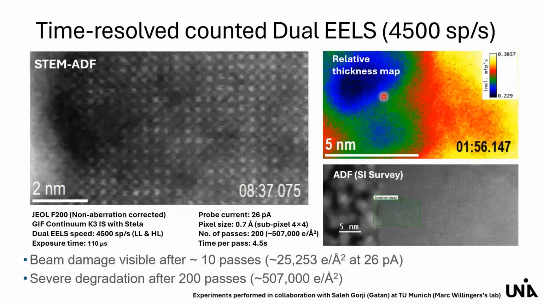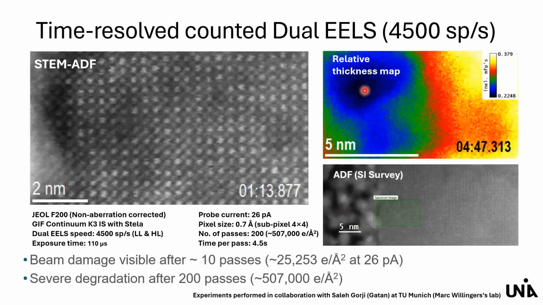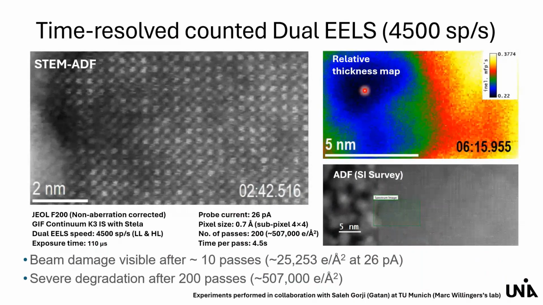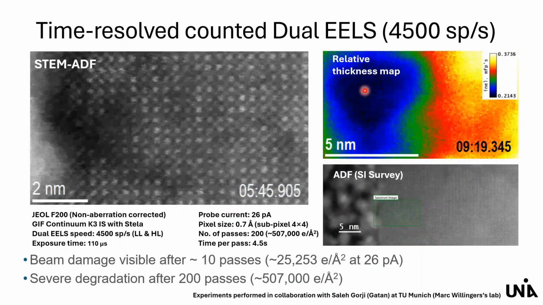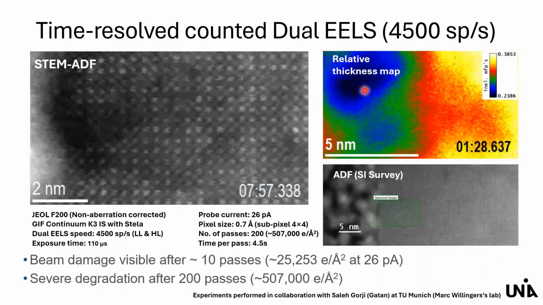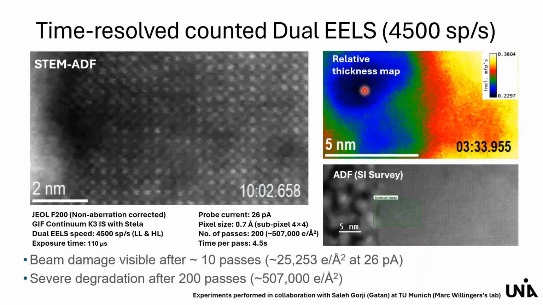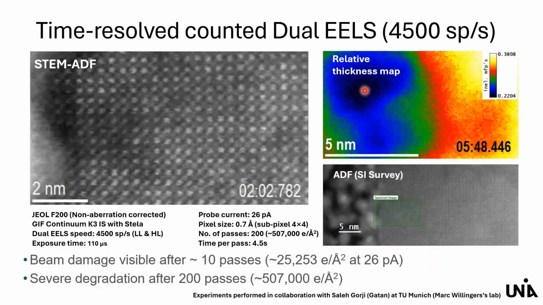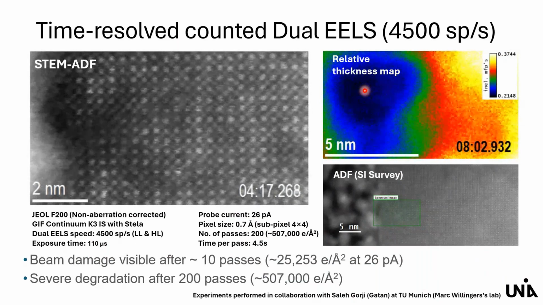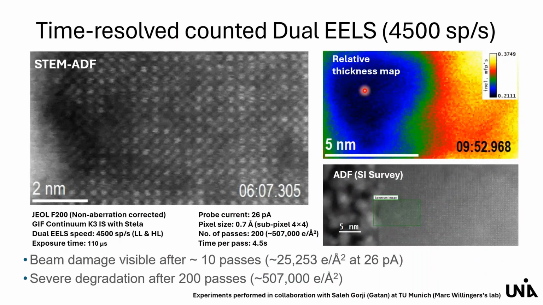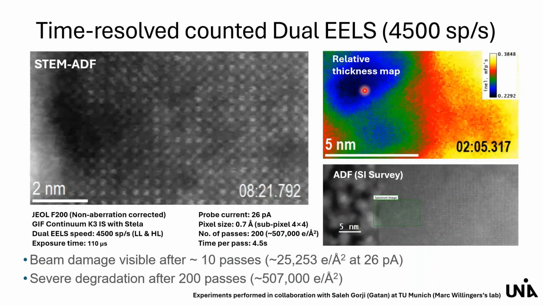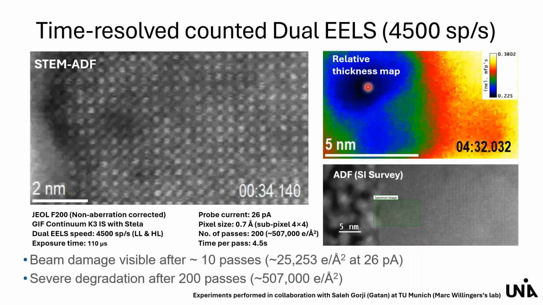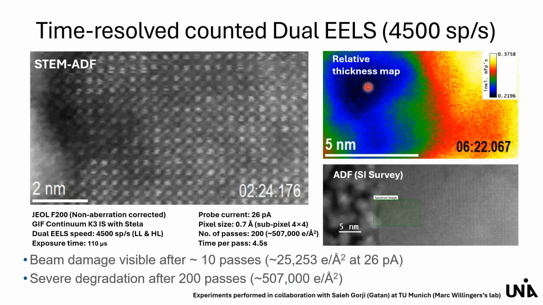You have then a heavily degraded sample. So this example highlights the importance of the power of the time resolved counted acquisition, with the dose and beam damage visible at the same time, and you can actually have a look at this in situ.